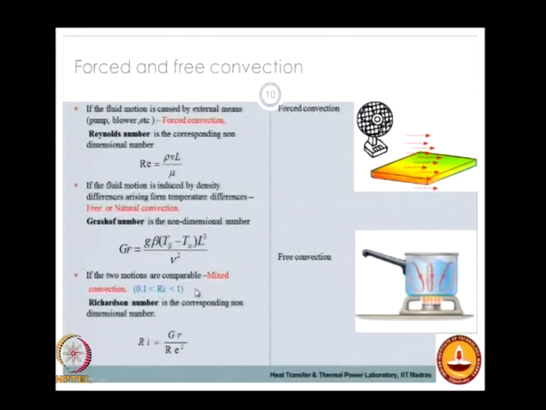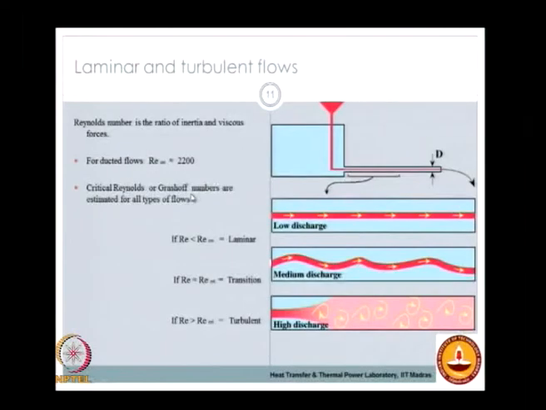At very high Richardson numbers, much greater than 1, natural convection is dominant over forced convection, so that is the natural convection regime. For very small values of Richardson number, where Reynolds number is more dominant than Grashof number, that is the forced convection regime. So depending on the values of Grashof number and Reynolds number, we can classify forced, free or mixed convection regimes.